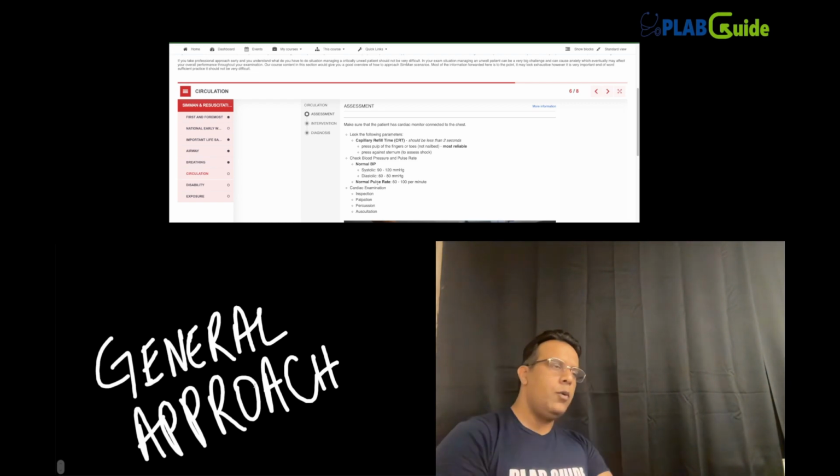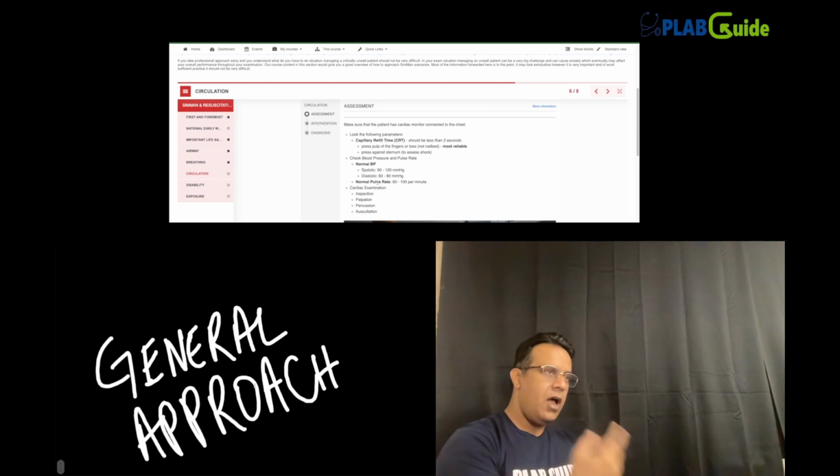Although according to the guidelines, checking temperature is mentioned in E, I always suggest you keep it in C, because C is the main system that will be compromised if there is any change in the temperature.